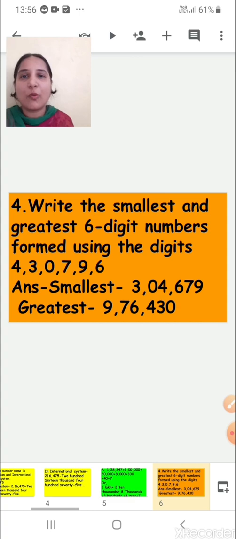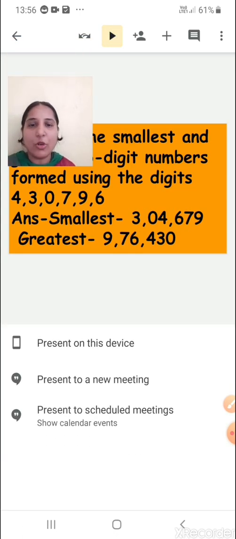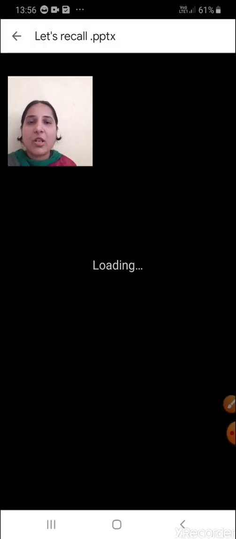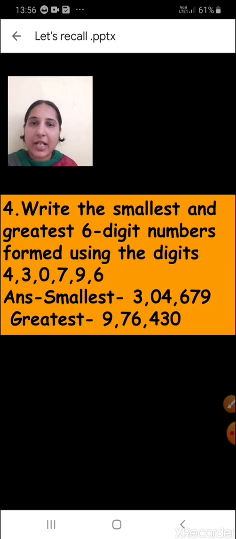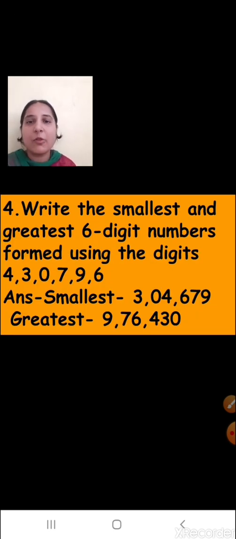Okay, now let's move to the next one where you have to form the smallest and greatest 6-digit numbers, where you have to use the digits 4, 3, 0, 7, 9 and 6. Already you know that to form the smallest number, we arrange the digits in ascending order, means from smaller to greater.